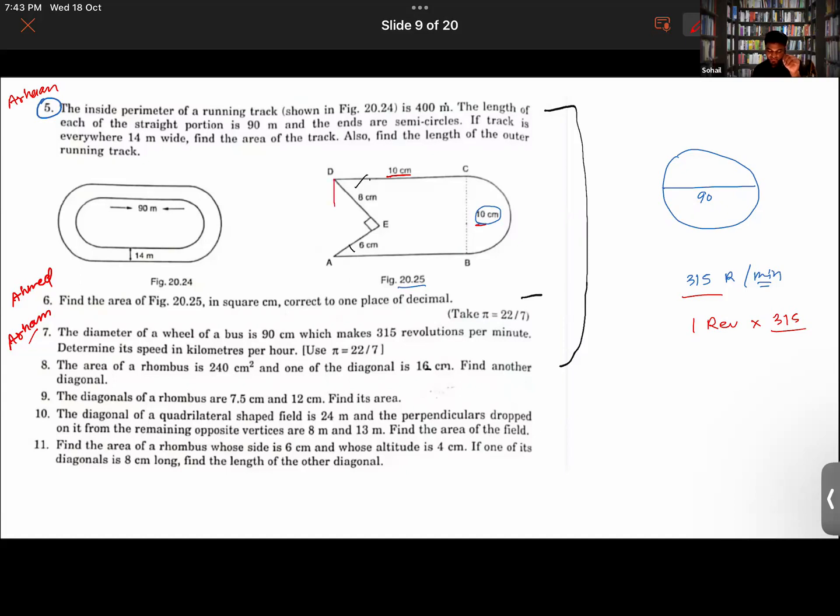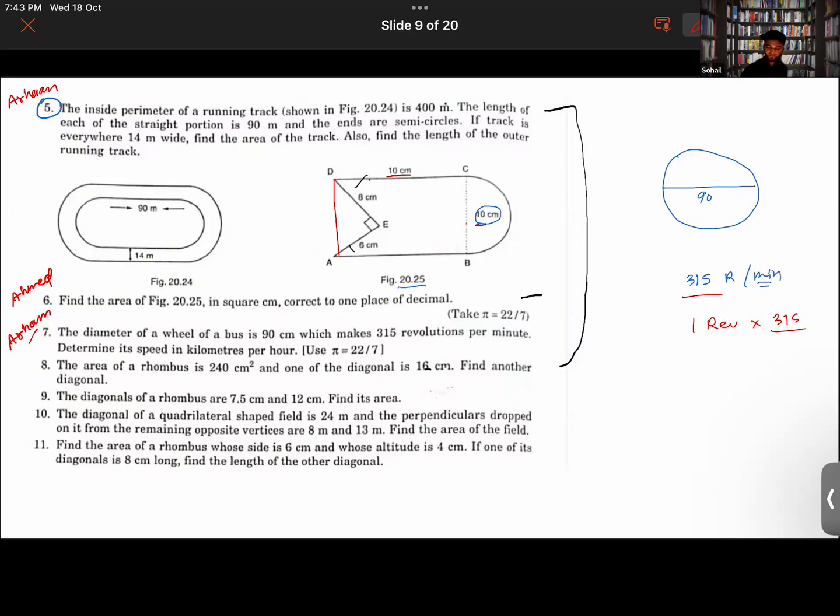This is the total length. Actually, the figure is not very accurate here, but yet the sides of this figure ABCD have been given as 10 centimeter and 10 centimeter. Although it looks like a rectangle, it's actually a square. So you can find out the area of this square now very easily. Ahmed, getting it or not?